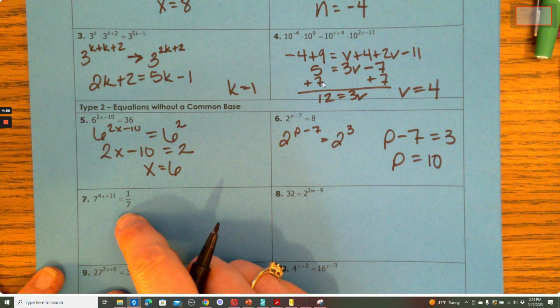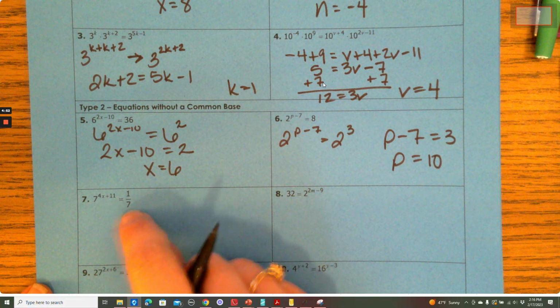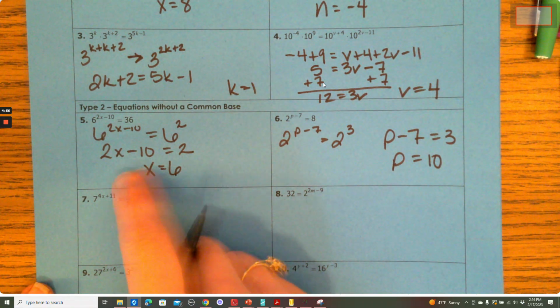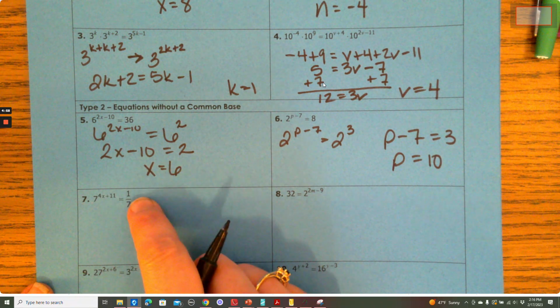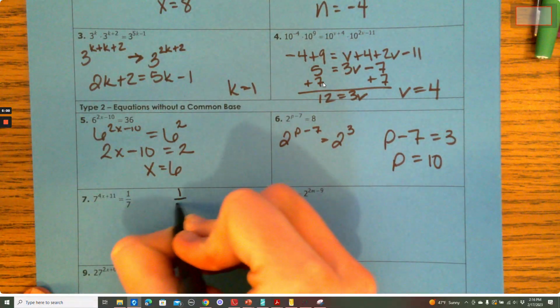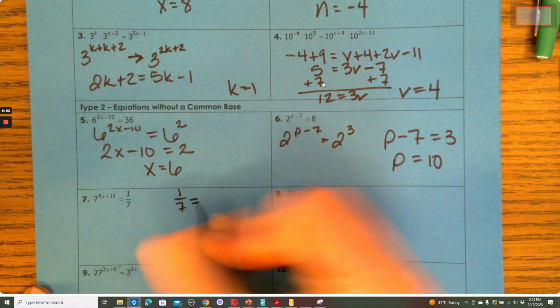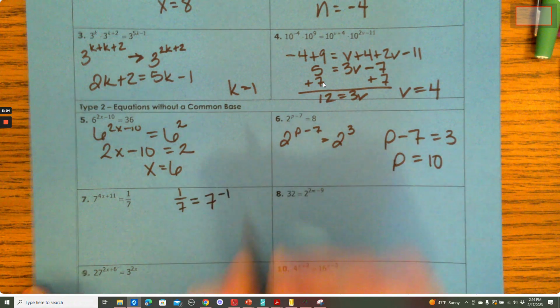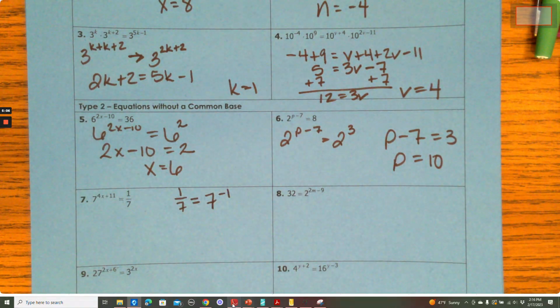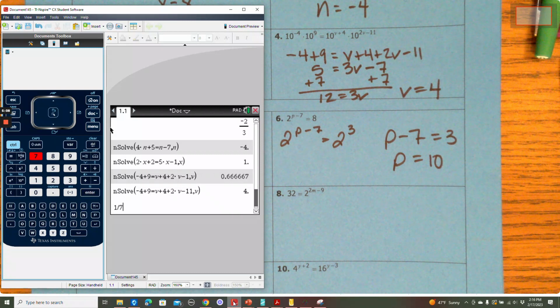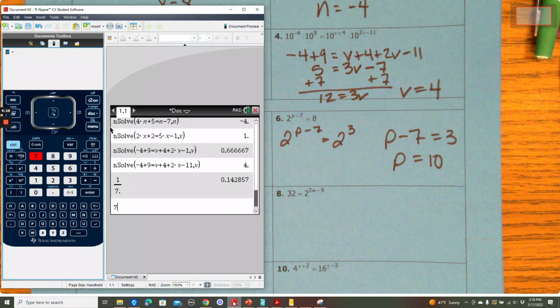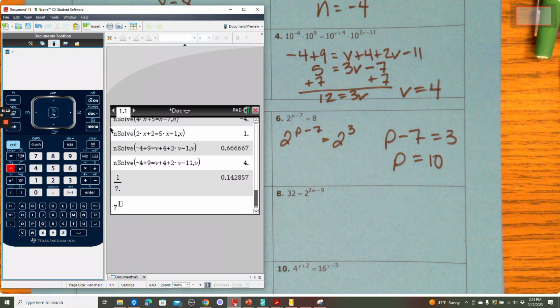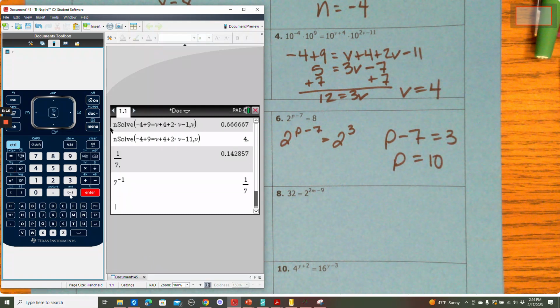So we've got a 7th here. I can rewrite a fraction like this, where this is called a benchmark fraction when there's a 1 on top. 1 over 7, I can rewrite as 7 to the negative 1. Just to show you that that's equivalent, 1 divided by 7 and 7 to the negative 1 gives me a 7th.